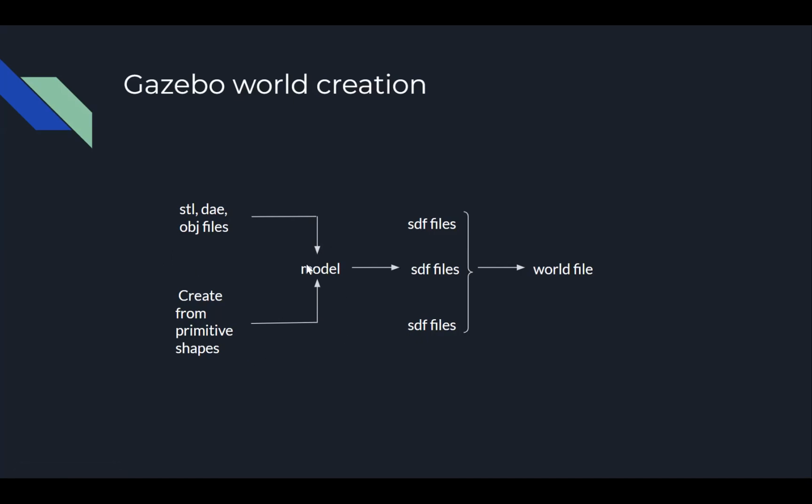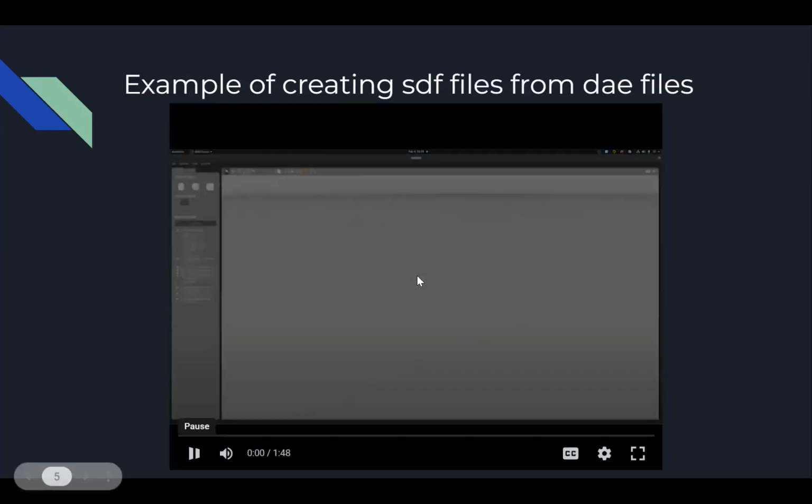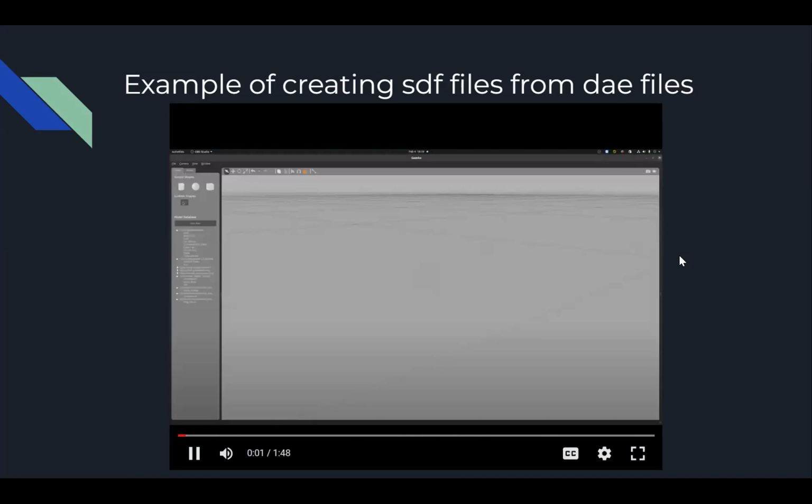Once we have imported the STL files and made a model which consists of links and joints, we use that to create an SDF file. This SDF file can then be used to create the world file, which has the physics simulation, and it's where we do the simulation. This video explains how it's done.